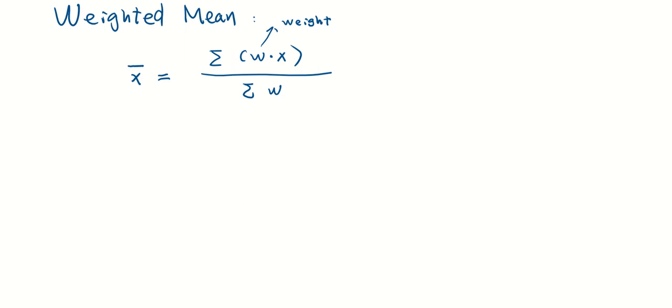Okay, so let's use one example to explain what a weighted mean is. Let's talk about how to find GPA. GPA represents grade point average, right? This actually is finding a weighted mean.